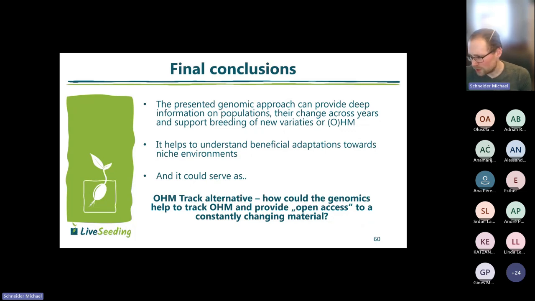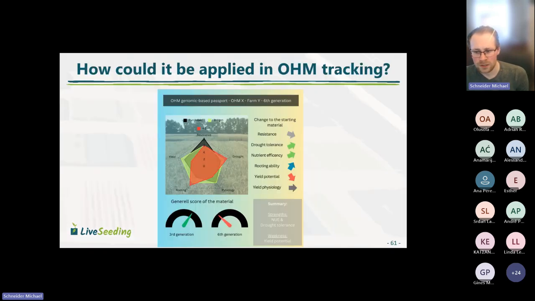But if you want, you could also pin this down a bit more precisely with this genomic approach, so that you might in the end come up with a card that refers to the population you have purchased as a farmer, having certain attributes. And after 3 or 6 generations, you can then provide information about these populations.